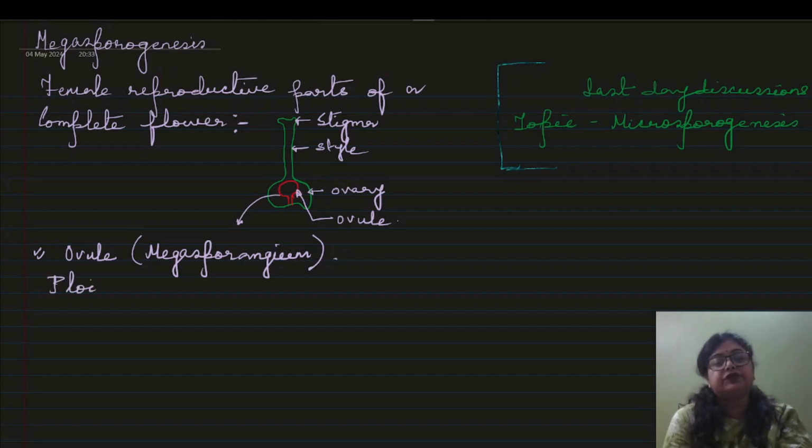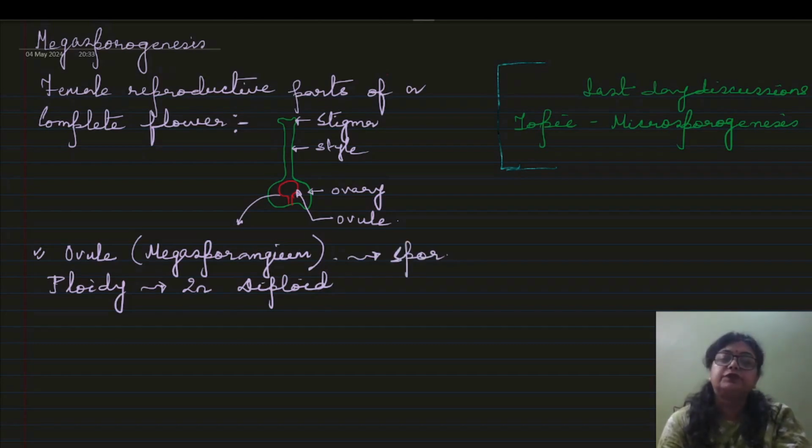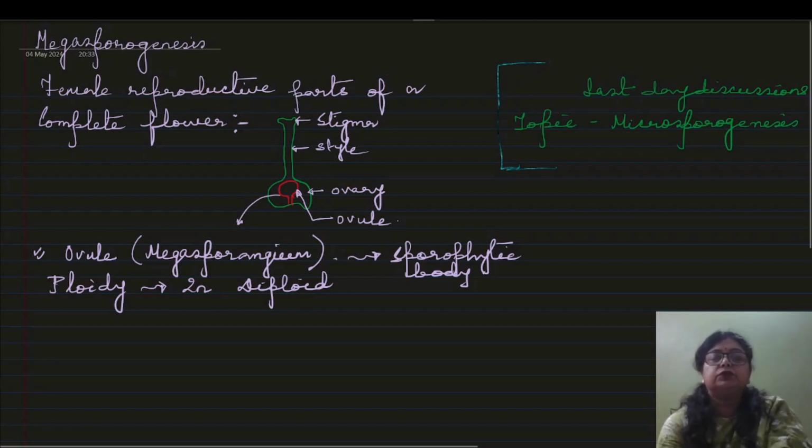Here we should be very clear that the ploidy is 2n, that is diploid. So this structure is a sporophytic body of the flower. Let us draw a very simple structure to see the parts of the ovule.